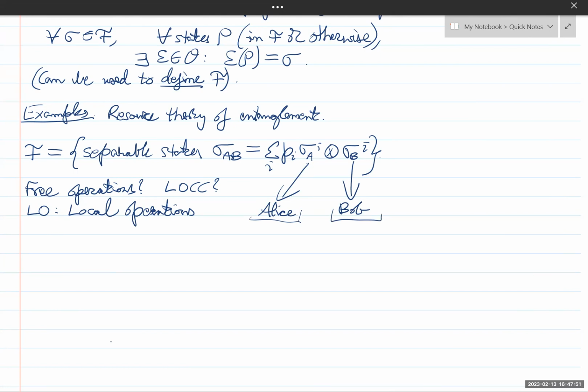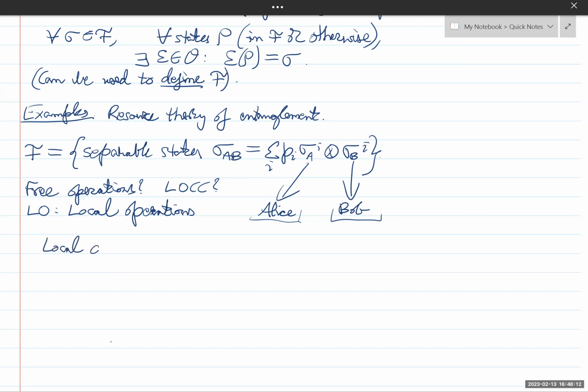There is no way that Alice and Bob can contact one another or coordinate their actions, except if they plan in advance on what they're going to do separately.